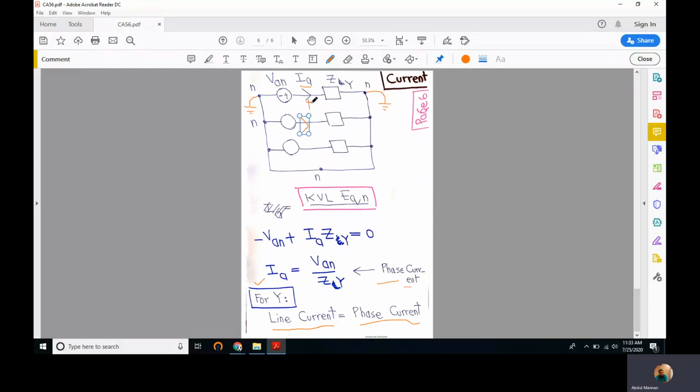And similarly, IA, IB, and IC are also 120 degrees apart from each other. In a balanced three-phase system, they are 120 degrees apart from each other. So we have three different currents, only one set of current. We have two sets of voltages, but only one set of current.